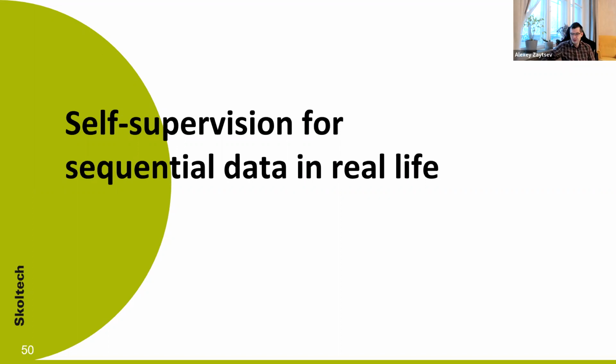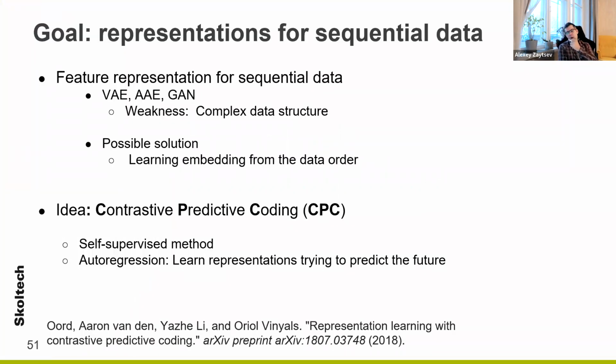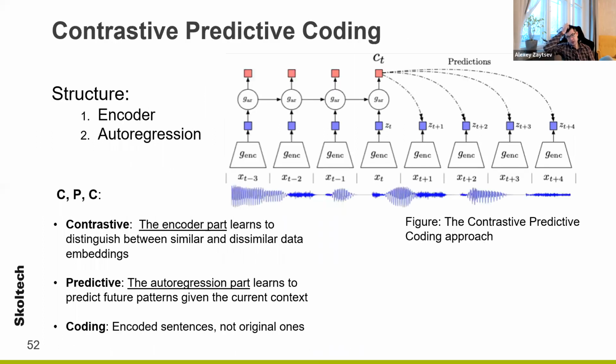The first thing we considered was contrastive predictive coding, which you were told about during the previous seminar. It's also a self-supervised method. We compare the embeddings obtained at each step, making embeddings from similar steps close and from different steps far from each other.